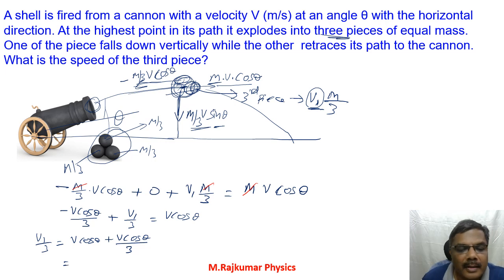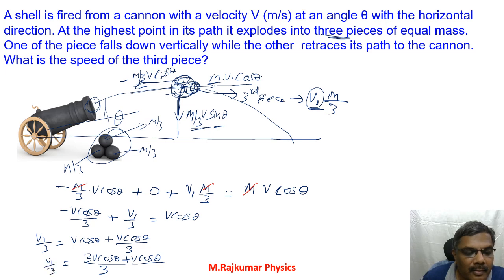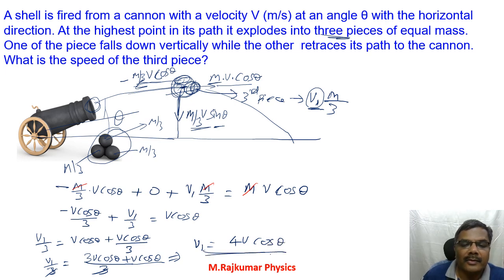Take the LCM as 3 and you will get 3v cos theta plus v cos theta is v1 by 3. This 3 and this 3 you can cancel, so this implies v1 equal to 4v cos theta. So that is the velocity of the third fragment, 4v cos theta. Okay, go to the next problem.